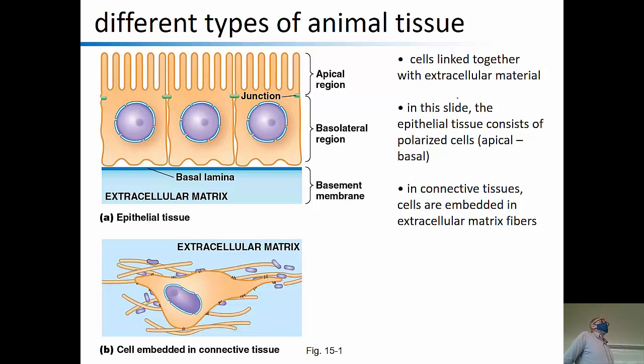So we can see different types of arrangements of cells. And so we might get them arranged into, say, a tissue, as we see at the top, where they're highly organized and the cells are directly connected with their neighbors. In contrast, if we look at things like connective tissues, the cells may be existing sort of on their own. They don't have direct contacts with their neighboring cells.